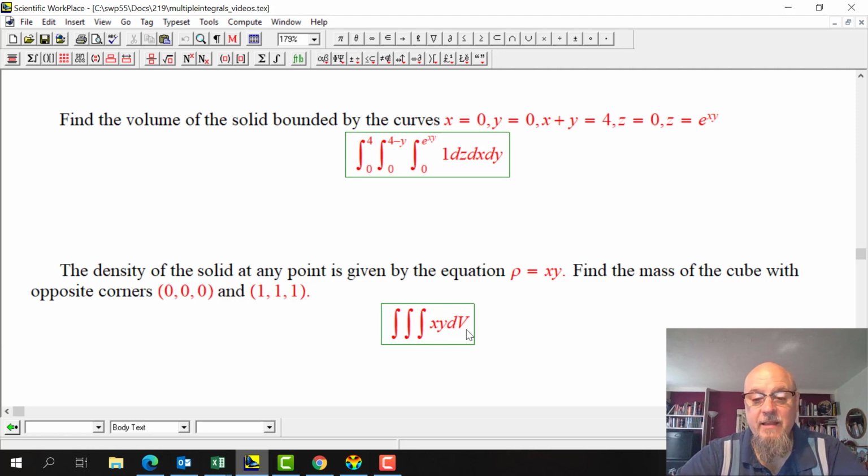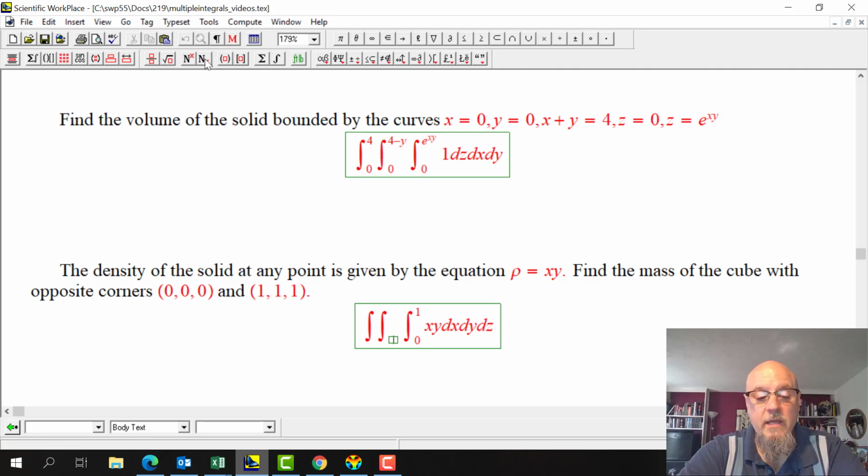So I'm integrating that density function over the volume. And since it's a cube, I can do dx, dy, dz, because each one of them goes from x equals 0 to x equals 1, y equals 0 to y equals 1. And finally, these outside ones are numbers, but they're z's.